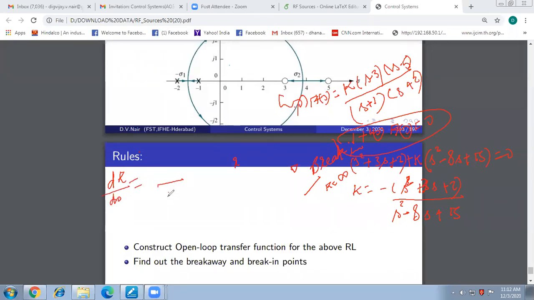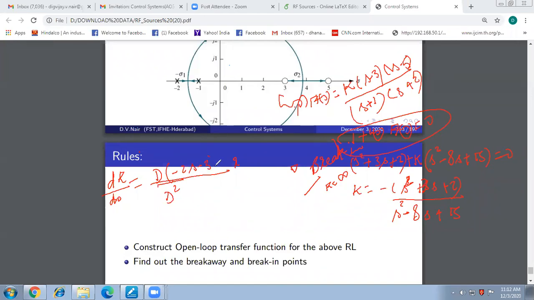So this denominator will be squared. Then what is the denominator? Let me write it as d only. Then the derivative of numerator. What is the derivative of numerator? It is minus, you have to consider here, remember. So it becomes minus 2s, right? Then minus 3, right? We are differentiating with s. So minus that 2.